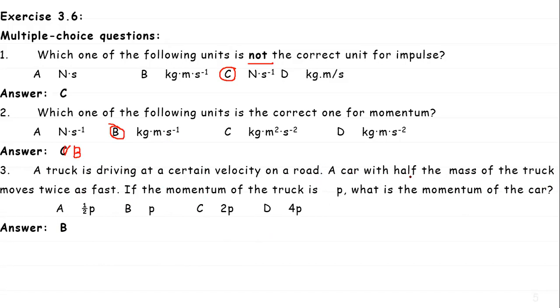So now we have a car, but the car actually has half the mass of the truck, but it is moving twice as fast. Now, to put it simply for you, my dear learners, p is equal to mv, right? And they tell us the momentum, let us talk about this one. Let us say this is the truck.